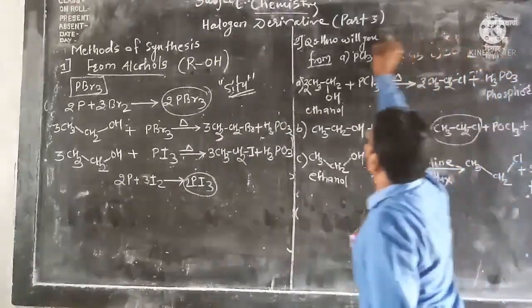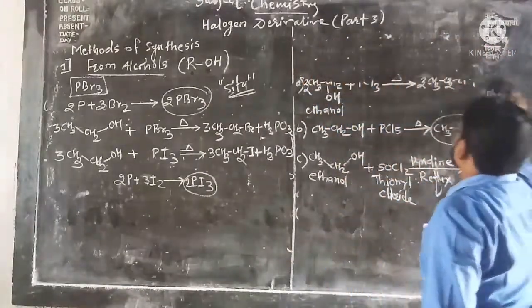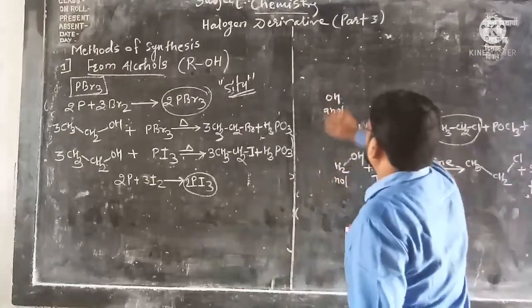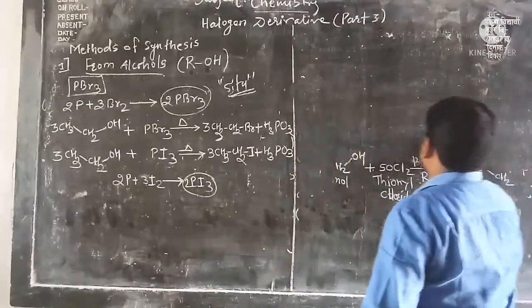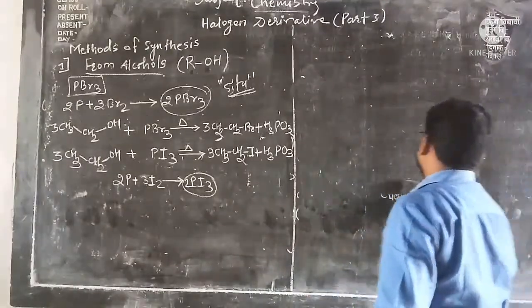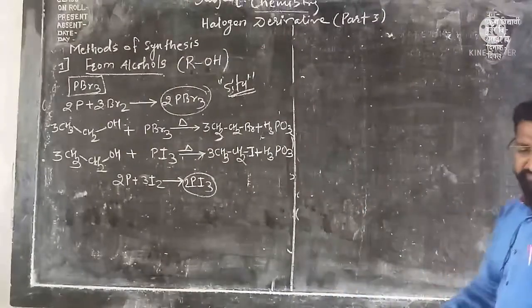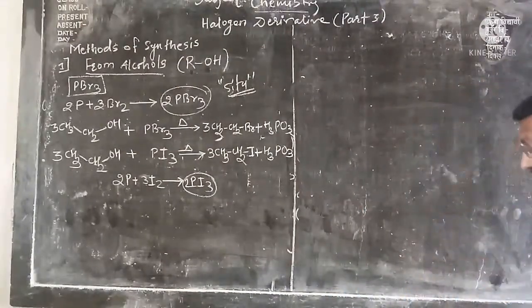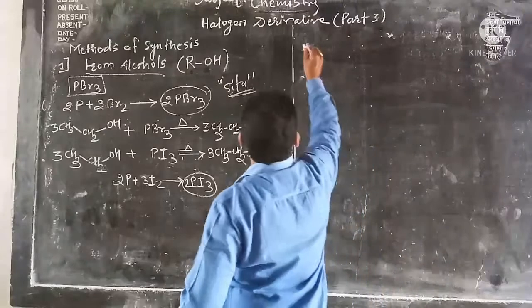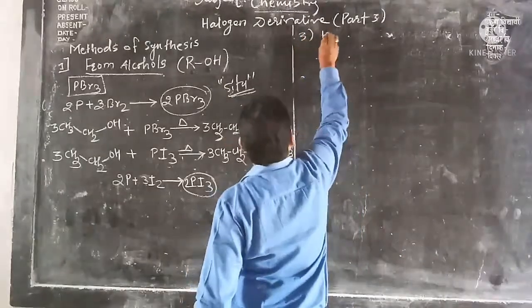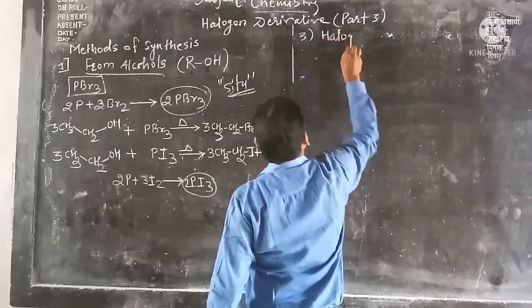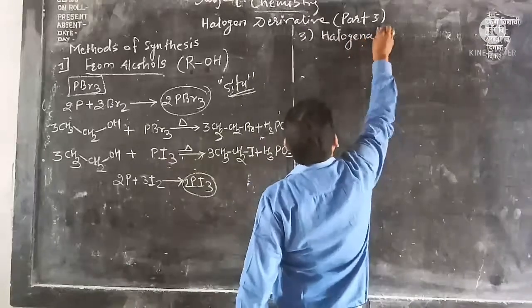Now next, listen here. The next category of reaction is called halogenation, number 3. Everybody see here.